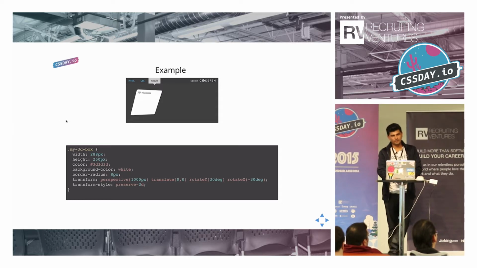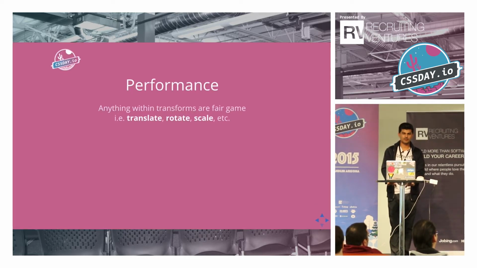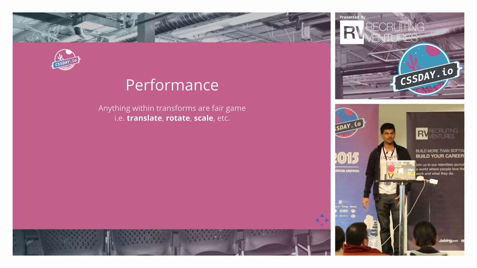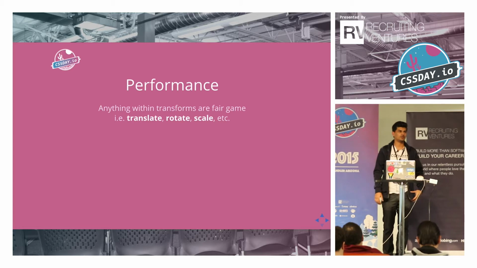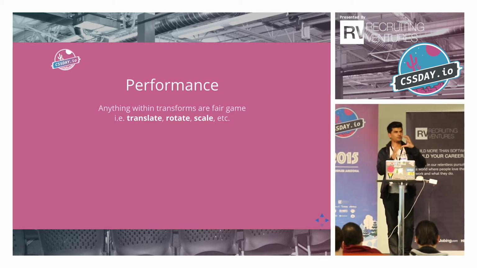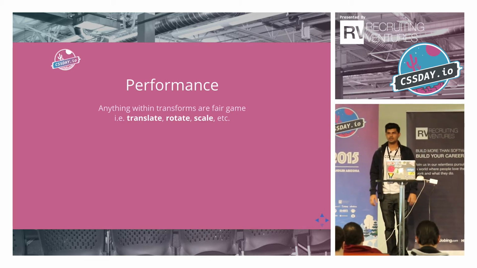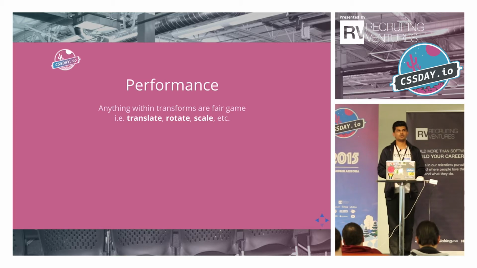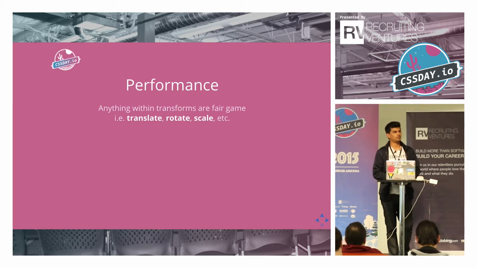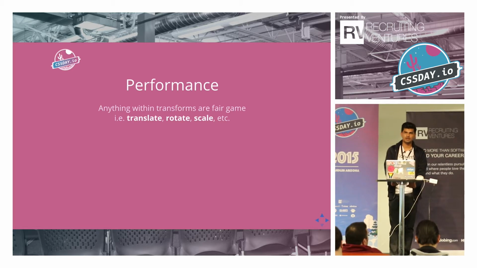In terms of performance, anything within transforms is fair game. You can do translate, rotate, anything like that, and it does not really affect the GPU all that much, because all you're doing is moving things around inside the browser. It doesn't really affect your browser's memory or processing speed all that much, even in heavier applications.